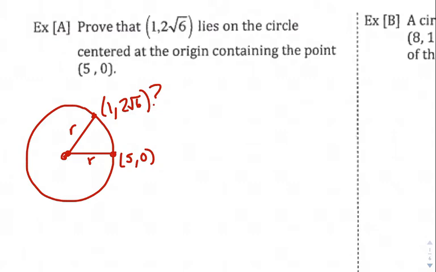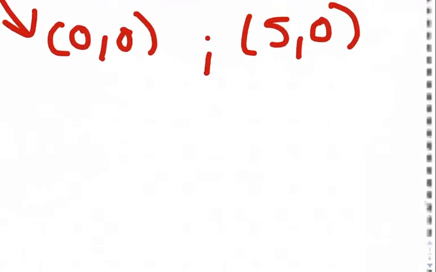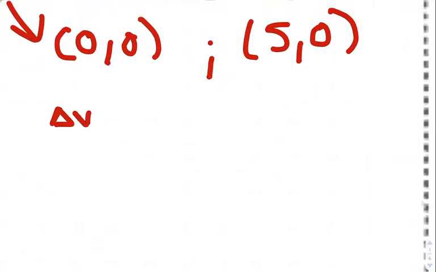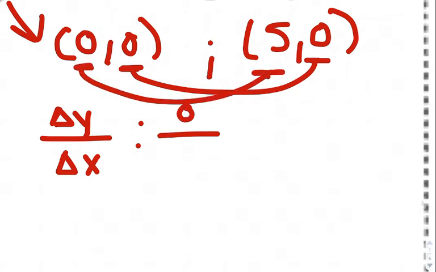So starting with this 5, 0, it says it's centered at the origin and then it contains the point 5, 0. So using those 2 points, we're going to find our slope. So we look at our change in y over our change in x. Well, to go from 0 to 0 would be 0. To go from 0 to 5 would be positive 5.